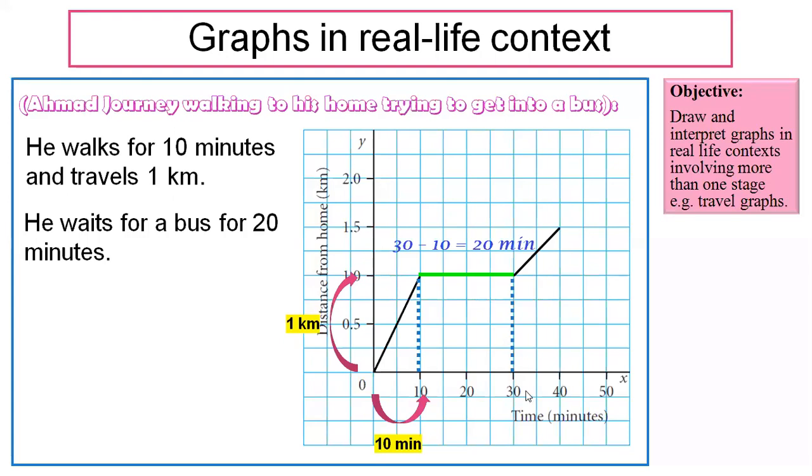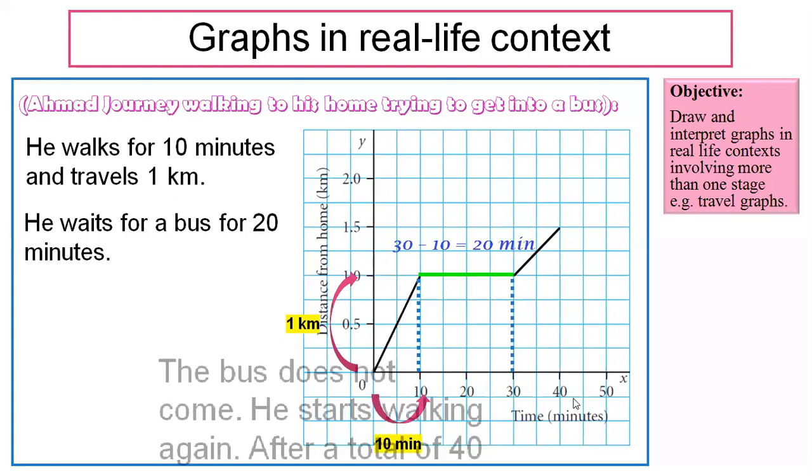How many minutes? 40 minutes and traveled 1.5 kilometers. He walked 40 minutes in the last part? No, after he stopped, after 10 minutes, excellent. He started walking after 30 minutes and stopped walking after 40 minutes.